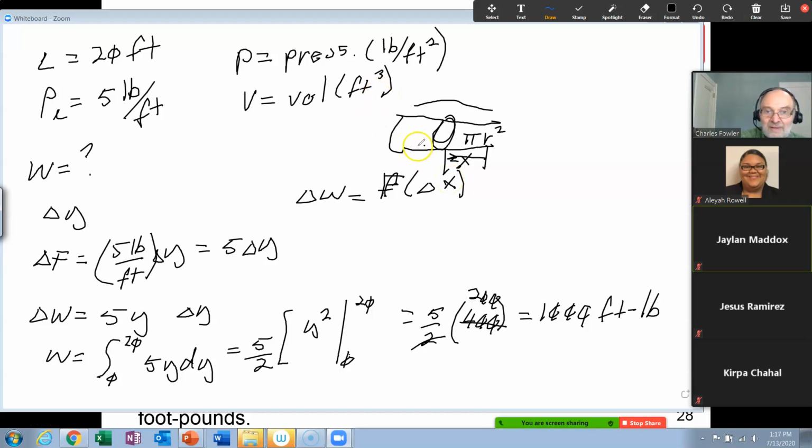The increment here is in your delta x. As you compress the gas a little bit more, that's definitely a variable force. So that's your delta F. The force is what you put on it, which is also variable, by the way. But we're going to calculate it every time.